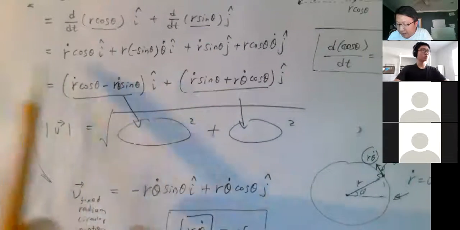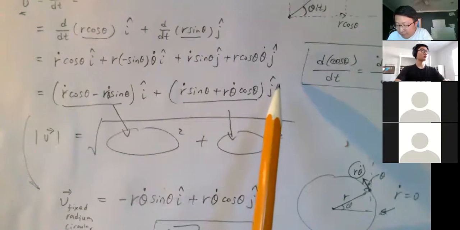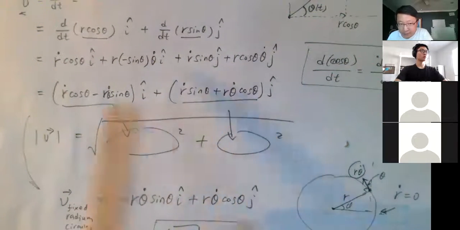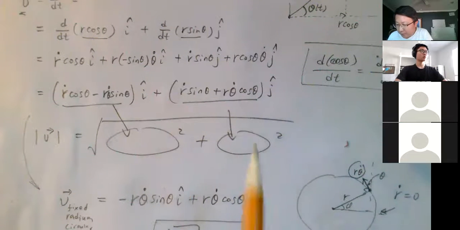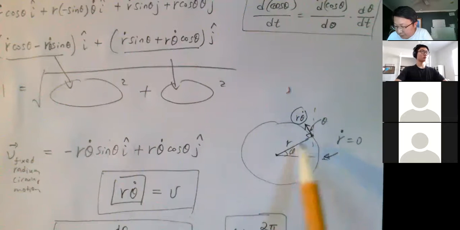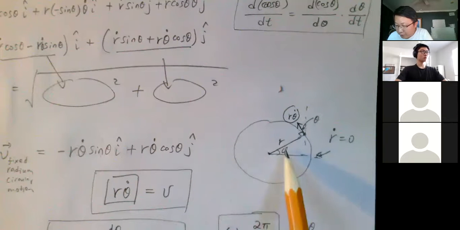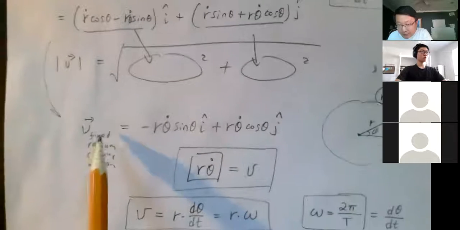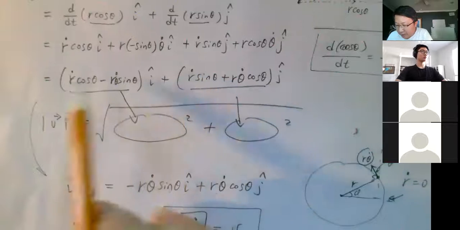And this is a general case, meaning r could vary. It doesn't need to be circular motion; it could be a crazy random motion. However, if we just consider a perfectly circular motion with radius r fixed, then r dot doesn't change the amplitude, only the theta angle changes. In that case, my velocity becomes this formula, simplified from here because r dot becomes 0.